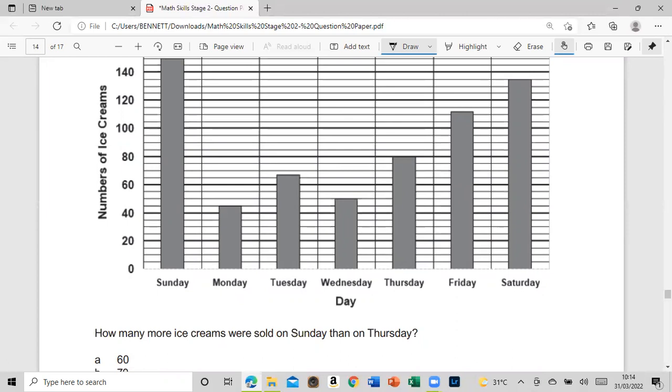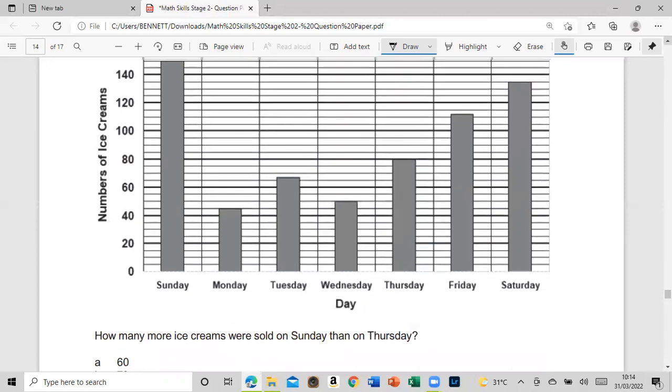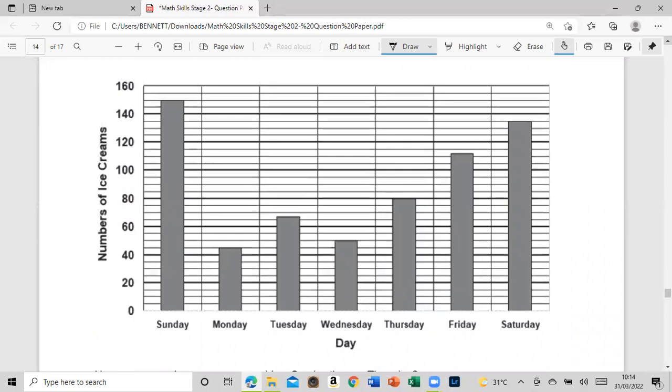So what we have to do is find the difference. Let me check how much was sold on Sunday. We are at 140 and we go to 160. Let me see how many bars: 1, 2, 3, 4. So one bar is 5. So that's 145, 150, 155, 160.